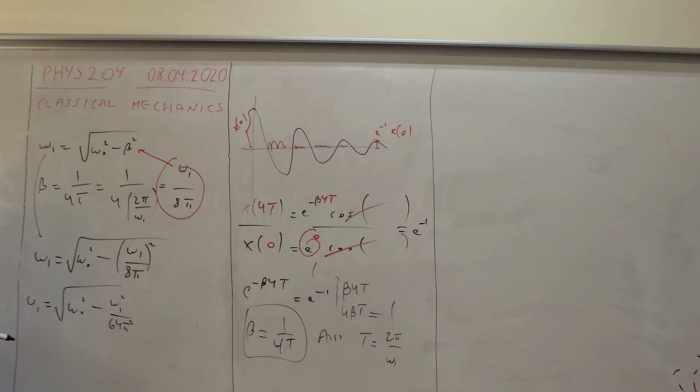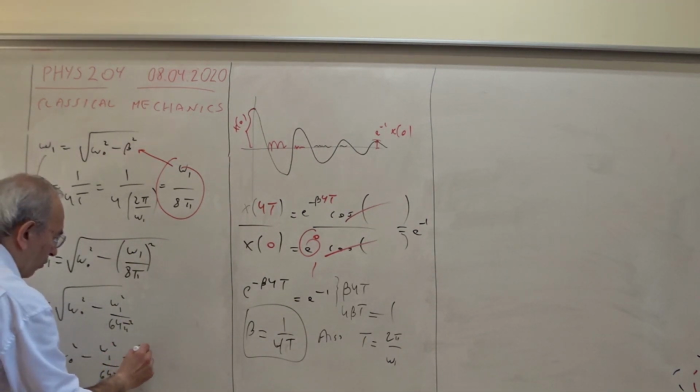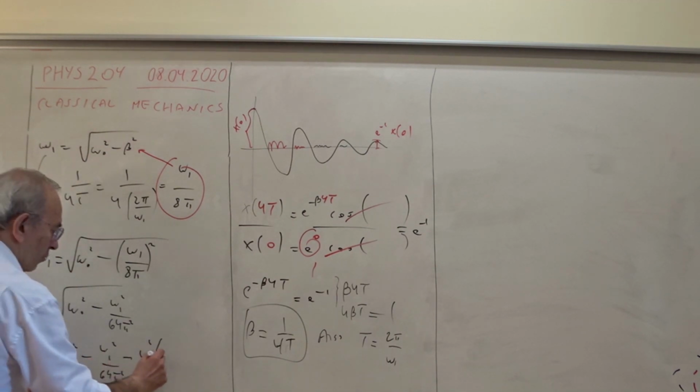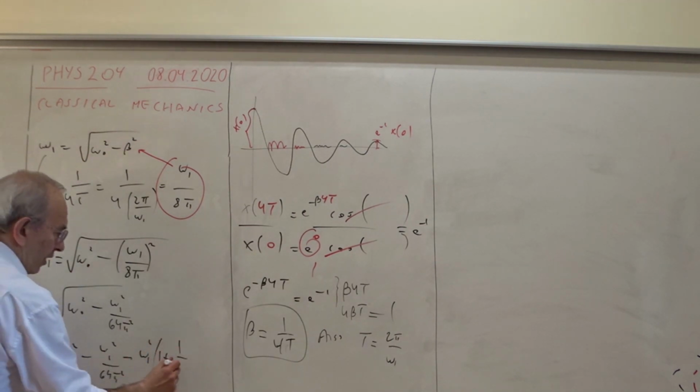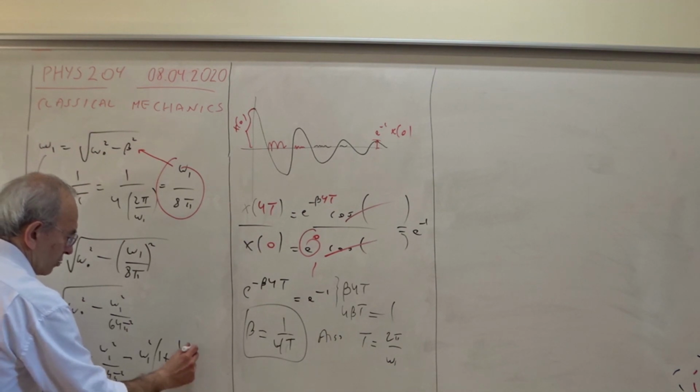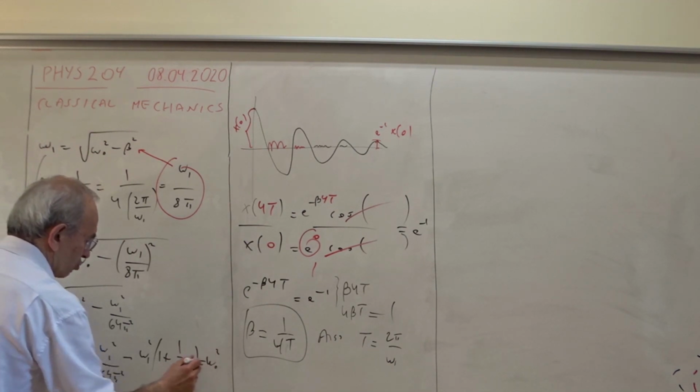Take the squares of both sides. We have omega 1 squared is equal to omega 0 squared minus omega 1 squared over 64 pi squared. Take this term to the left. Omega 1 squared times 1 plus 1 over 64 pi squared is omega 0 squared.